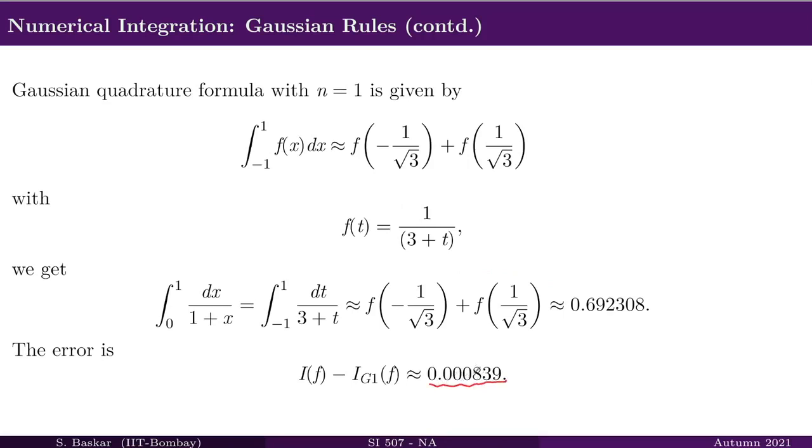And this is in fact little better than even the Simpson's rule, if you recall. Remember, Simpson's rule was derived by imposing the condition that it is exact for polynomials of degree less than or equal to 2. But here in the Gaussian quadrature rule with n equal to 1, we obtained the formula by imposing the condition that it is exact for polynomials of degree less than or equal to 3.